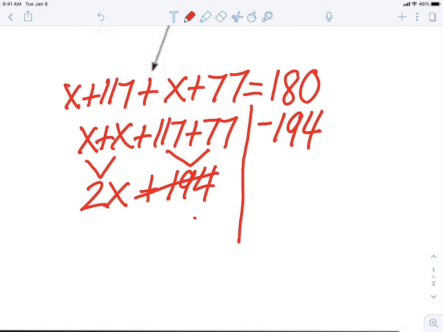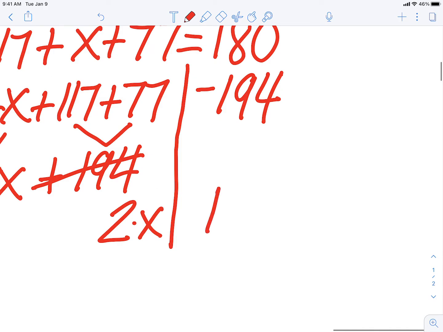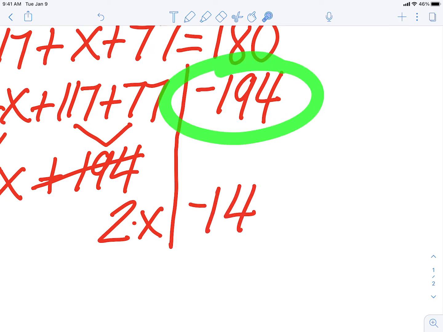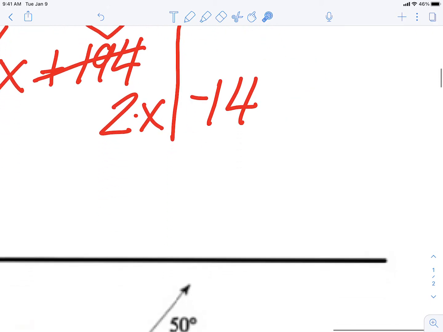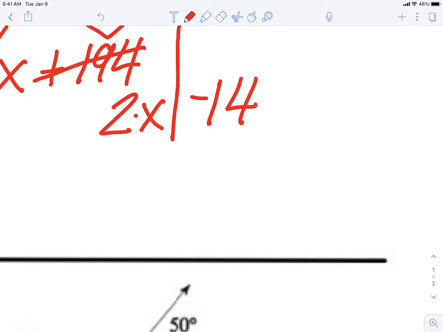So I still have 2x left, which means 2 times x. 194 and 180 are not the same sign, so I'm going to subtract them. 194 minus 180 is 14. And we have a negative 14 because 194 is bigger and 194 is a negative. So immediately I am going to cross out 2 times 2, and I'm going to divide by 2.